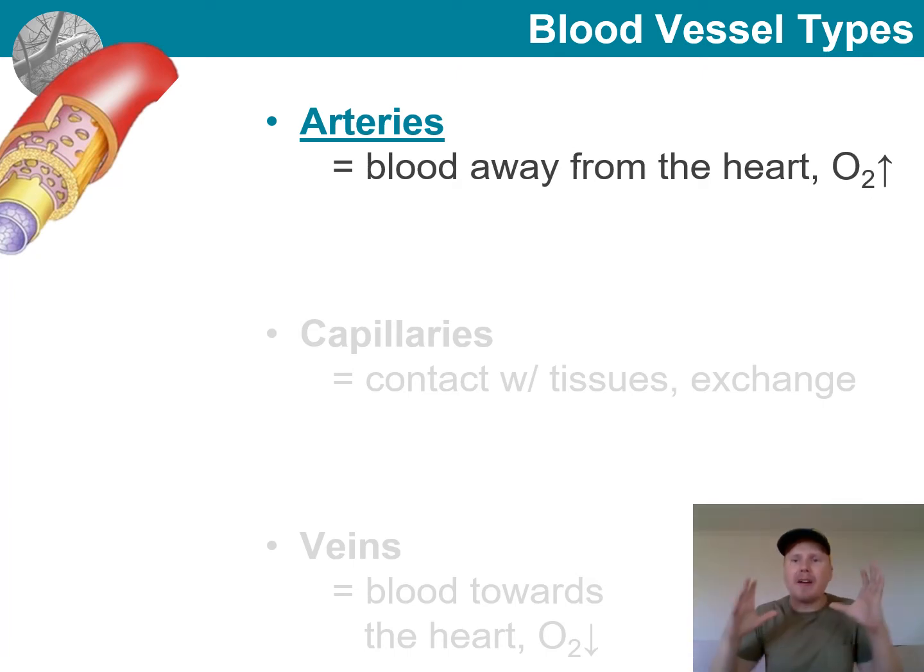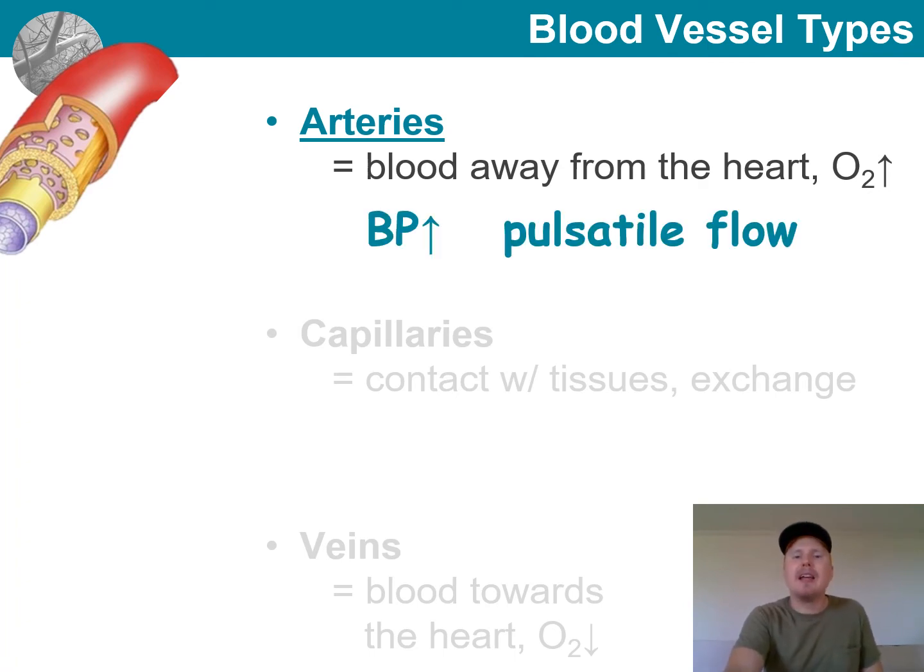So when the heart squeezes out blood, it leaves the heart with a high pressure and in a pulsatile manner. Therefore, the walls of these blood vessels, arteries, must be adapted to this. So if you think about it, the high pressure of the blood being squashed out of the heart muscle must be tolerated by these vessels.